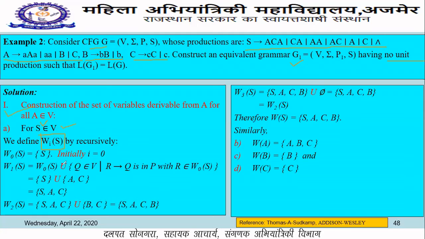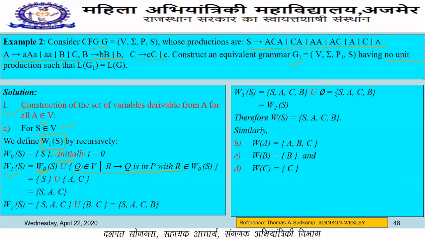It is a simple consideration. So in W0 of S we consider S itself. And next for W1 we use the previously calculated W0 and the new set of variables. In this we choose those variables which are derived by S, from the previously calculated derivable variables for S, and in this case only S is in W0.